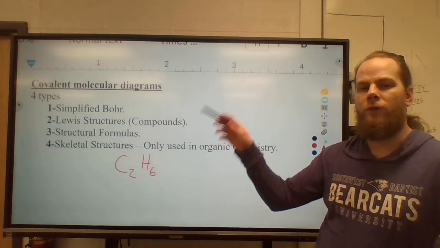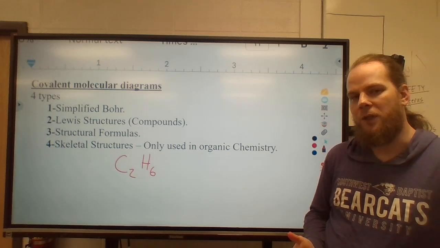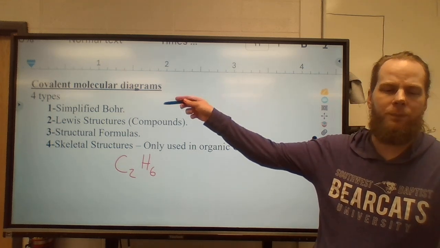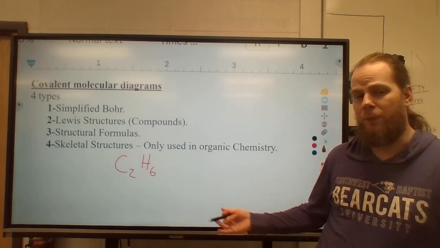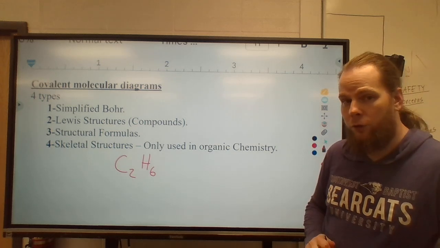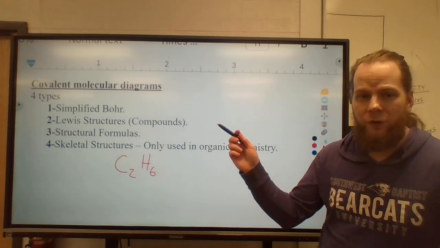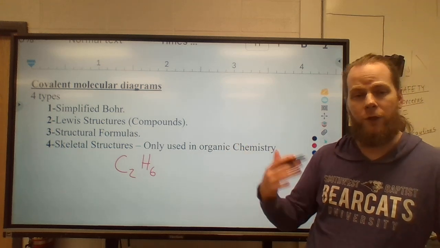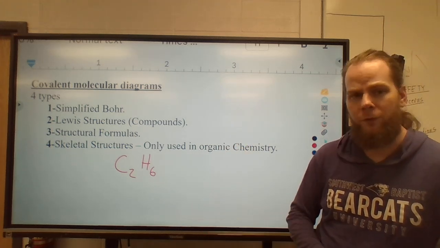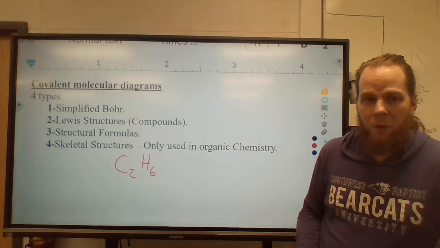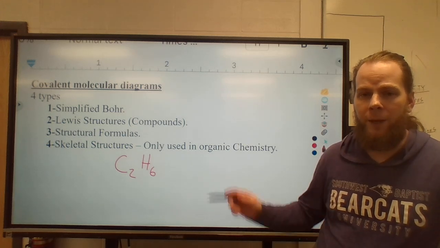And these are more to do with possible bonus questions, I would say. Simplified Bohr diagrams are exactly that, simplified Bohr diagrams. The water molecule I drew in the last video was an example of a simplified Bohr diagram. Lewis structures, but molecular Lewis structures, or Lewis structures for compounds, are the main thing we're going to be focusing on. I'm not going to spend too much time on that.